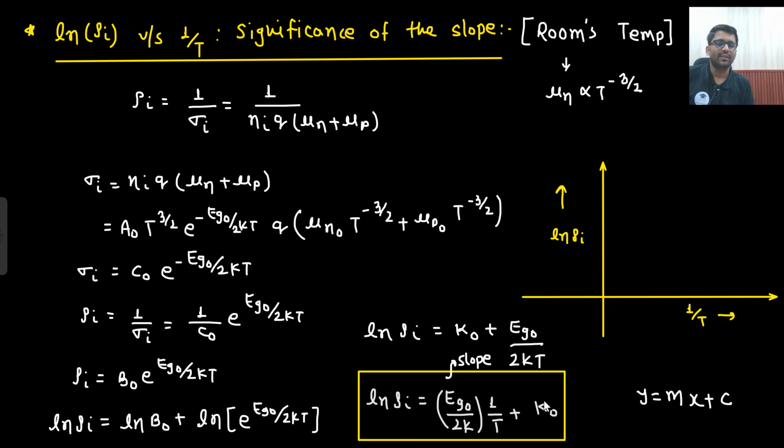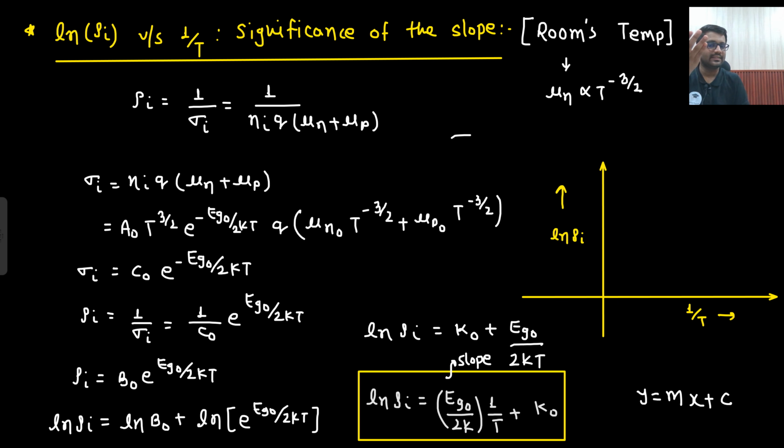Are you able to understand this point? Now you can see that I am making the ln rho i versus 1 by T graph. If 1 by T increases, let's look at this particular expression. 1 by T increases, not T increases, 1 by T increases. That means actually T is decreasing.